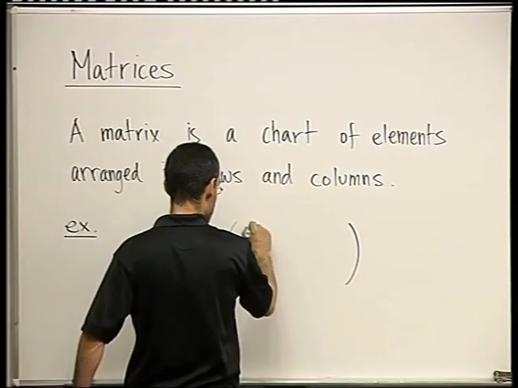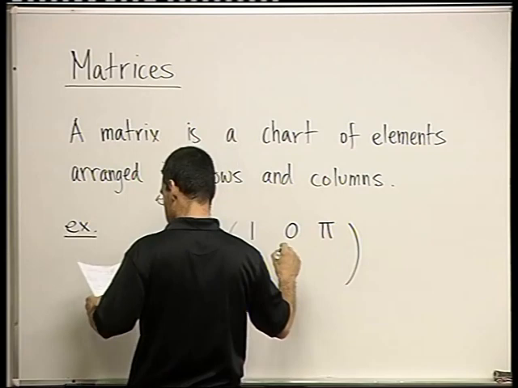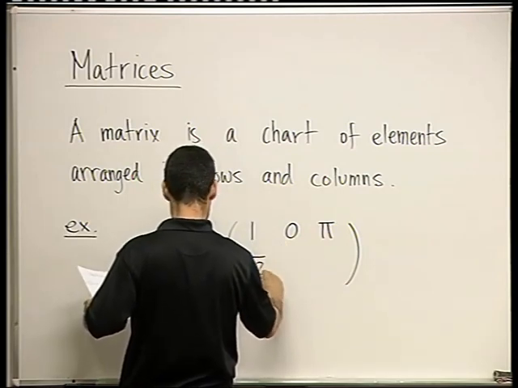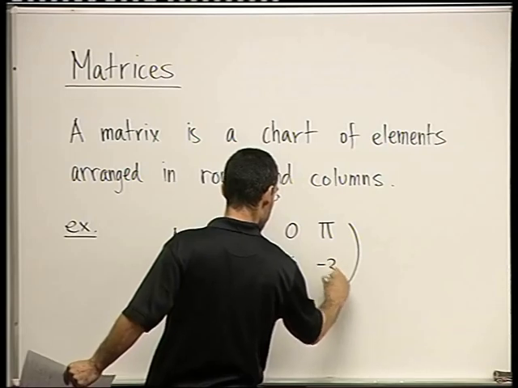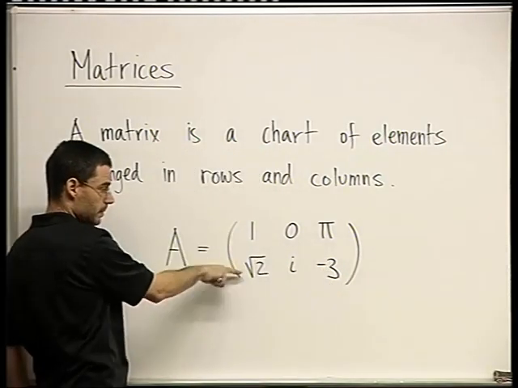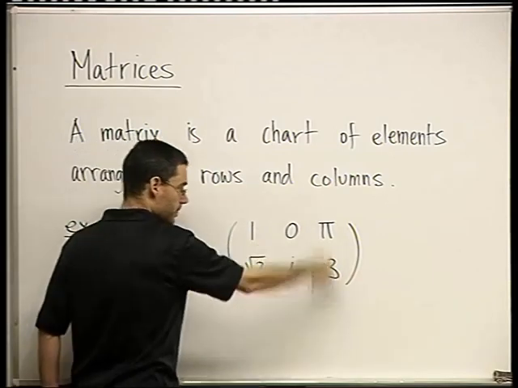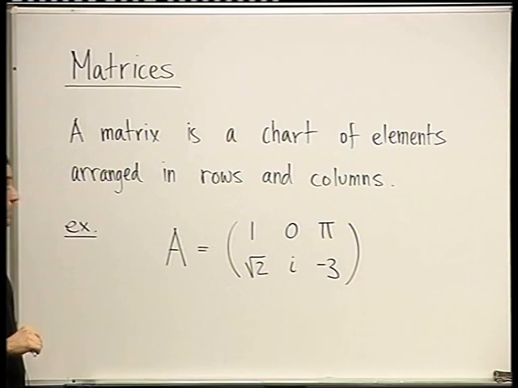So here's an example of a matrix: 1, 0, pi, root 2, complex i, and negative 3. This is a matrix which has 2 rows, 3 columns, and therefore 6 entries. That's an example of a matrix.